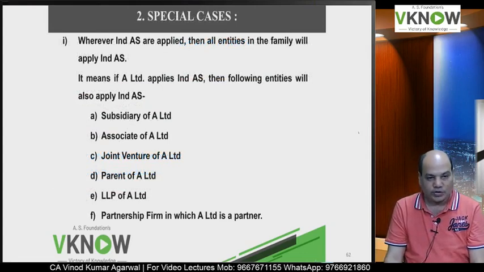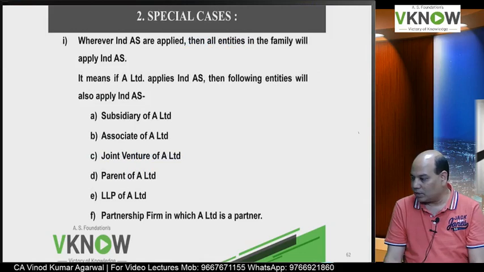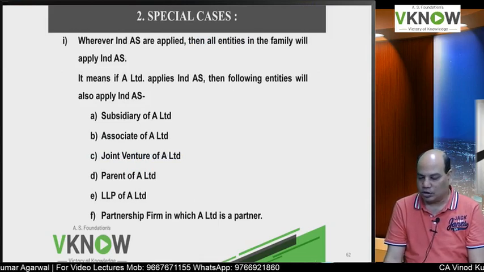Now come to the next line, special cases. Wherever Ind AS is applied, all entities in the family will apply Ind AS. The logic is that consolidation will become easier.